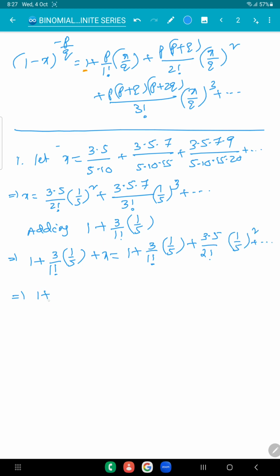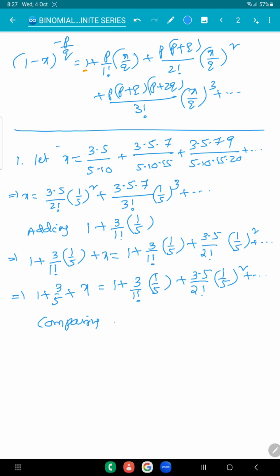That is equal to 1 plus 3 by 5 plus x, which is equal to 1 plus 3 by 1 factorial into 1 by 5 plus 3 into 5 by 2 factorial into (1 by 5) whole square plus and so on. Comparing the right hand side with the right hand side of the expansion of (1 minus x) whole power minus p by q.